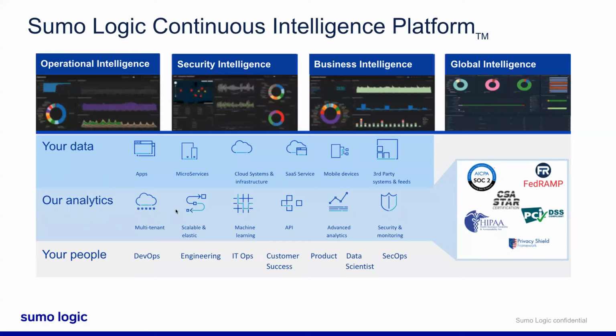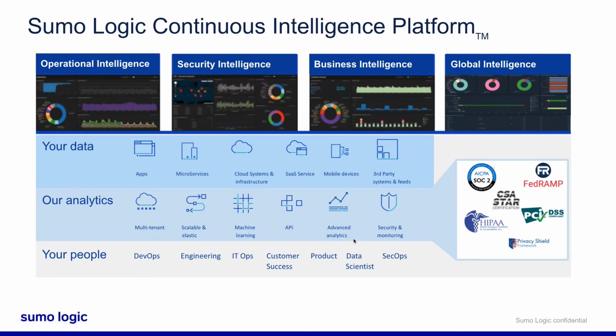Let's see what else on this slide is worth pointing out. For our analytics, they're going to be multi-tenancy. Information is very secure. Scalable elasticity, which is really going to help as you stand up or bring down your data. Machine learning is built in. Advanced analytics, we might look at an advanced analytics feature today.